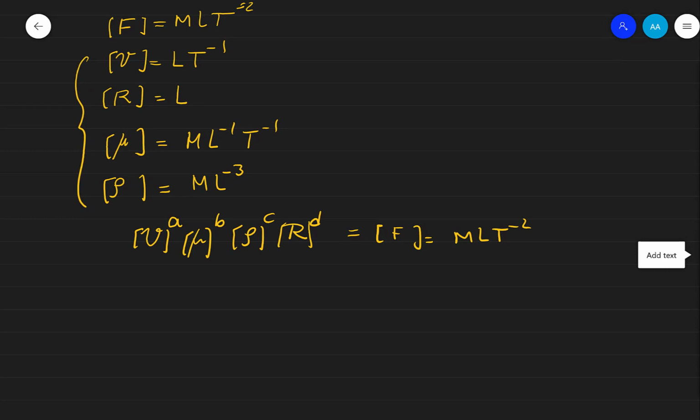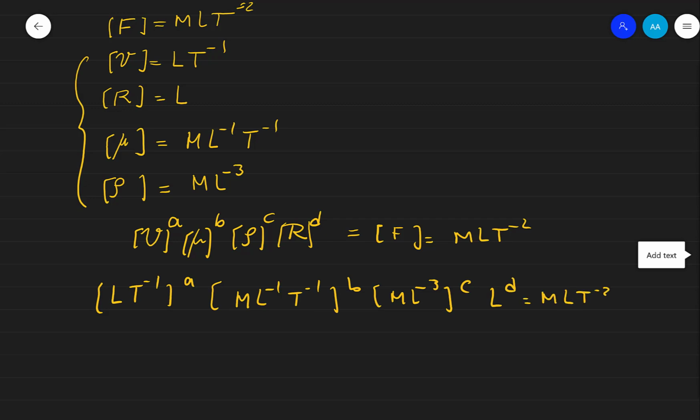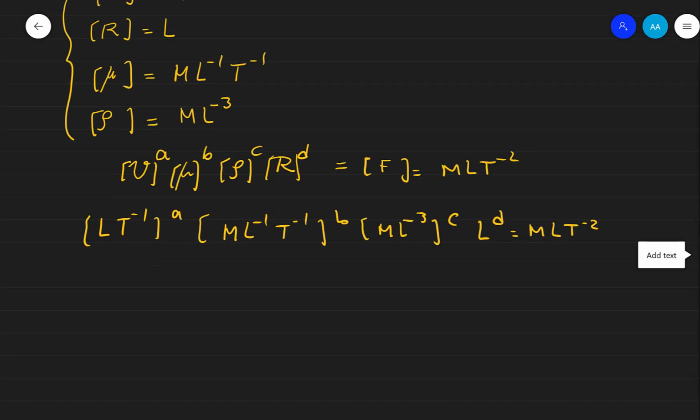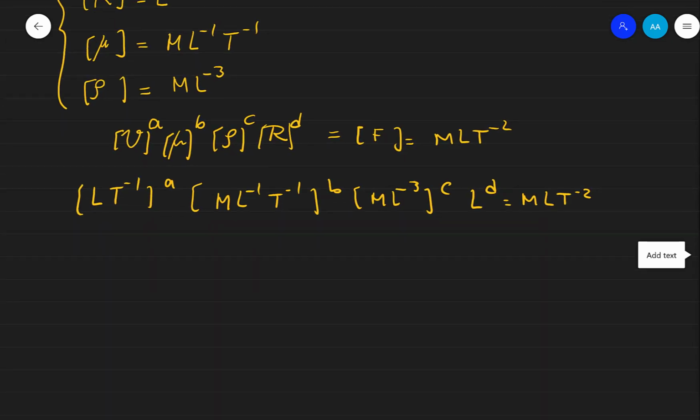Now we substitute the dimension of these four parameters. Then we obtain three equations for these four parameters, A, B, C, and D. The power of M on both sides of this equation should be the same.